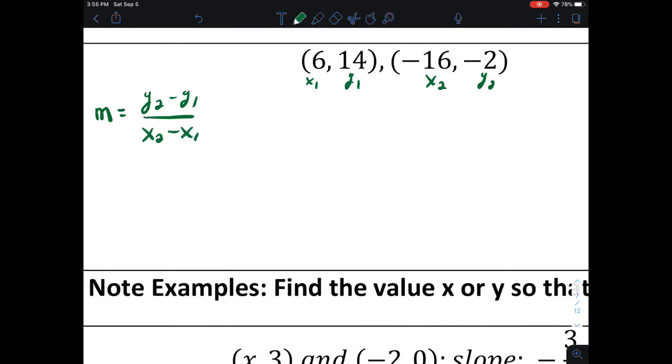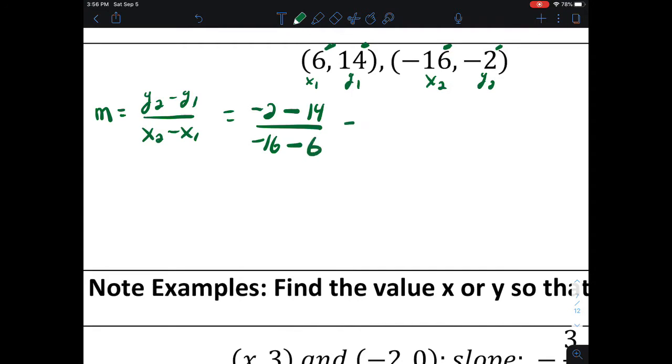So all I have to do is plug in. y2 is negative 2, so I'll put negative 2 where y2 is, minus y1, which is 14, over x2, which is negative 16, minus x1, which is 6.